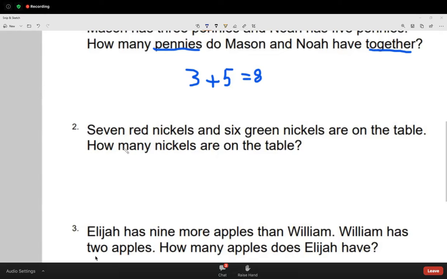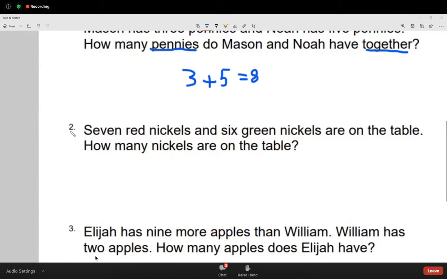Hello, there you are. So do you want to read this problem out loud for us? 7 red nickels and 6 green nickels are on the table. Awesome, great job. How many nickels are on the table?